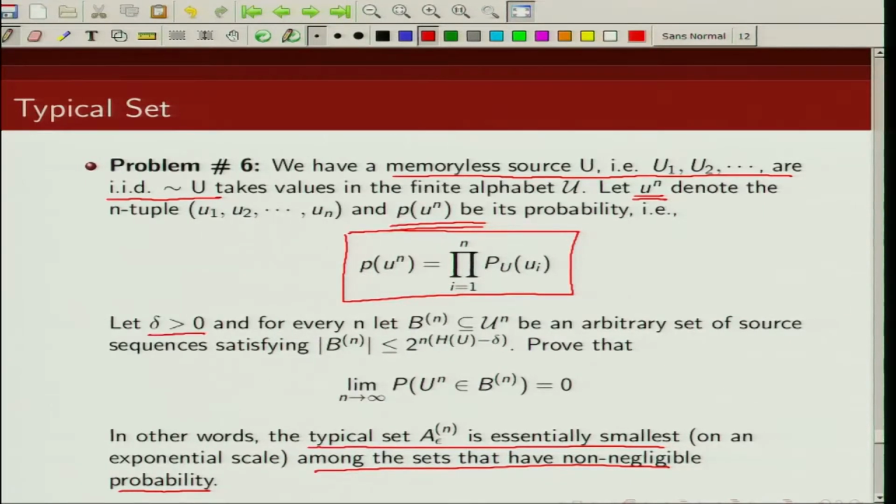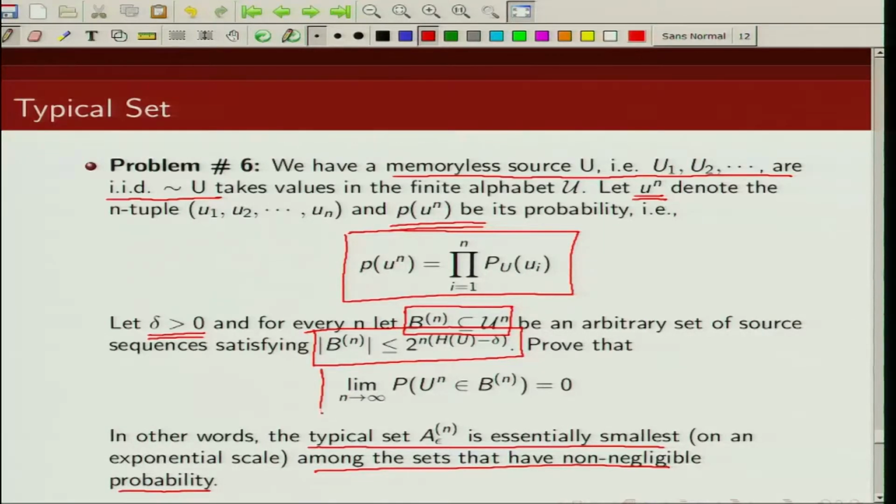Now let delta be greater than 0 and B^n be a subset of this U^n, where the set satisfies the condition that the cardinality of B^n is less than or equal to 2 raised to the power n into H(U) minus delta.